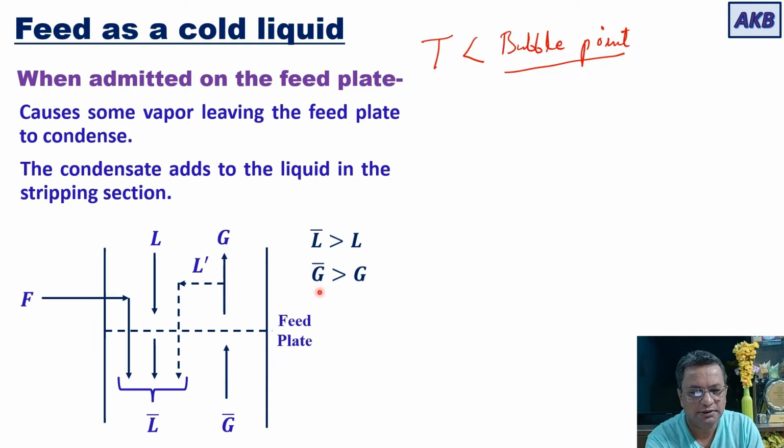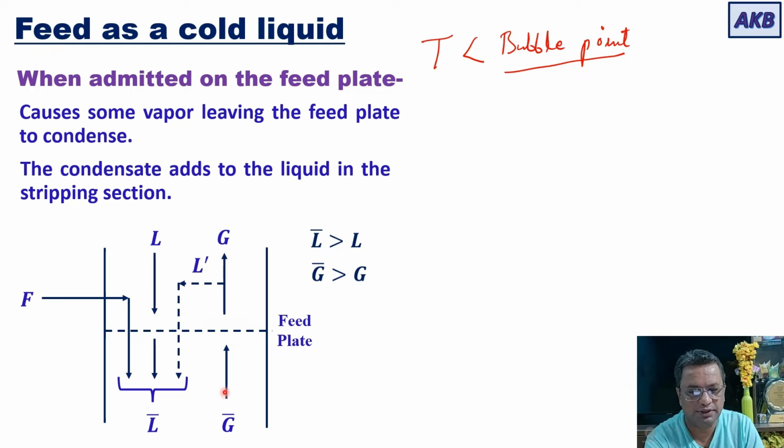And since some of the vapor in the rectifying section is getting condensed, G bar will be greater than G. The molar flow rate of vapor in the stripping section will be greater than the molar flow rate in the rectifying section. So you have this relationship: G bar is greater than G. You can easily understand from this schematic.